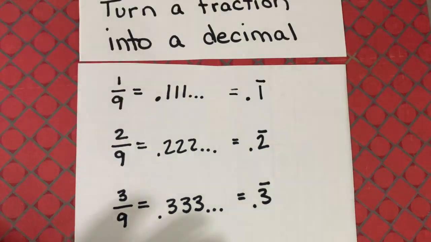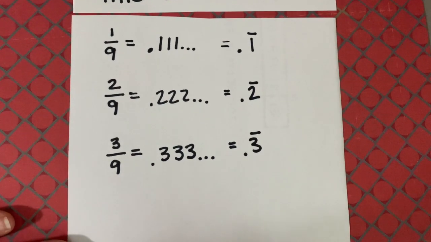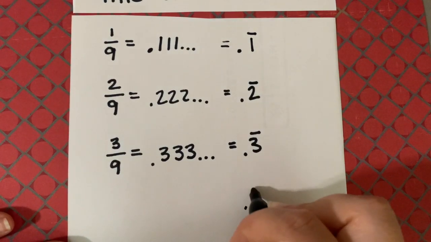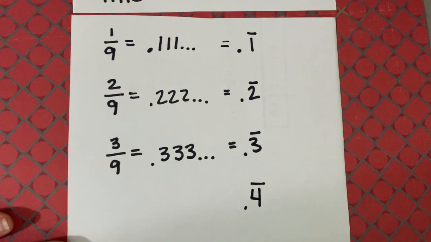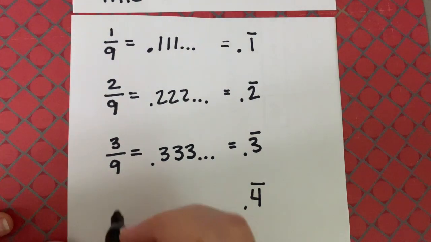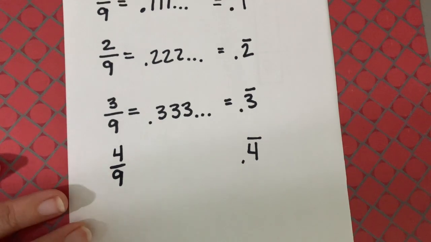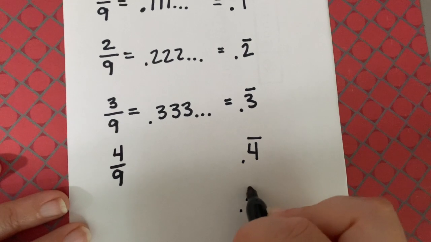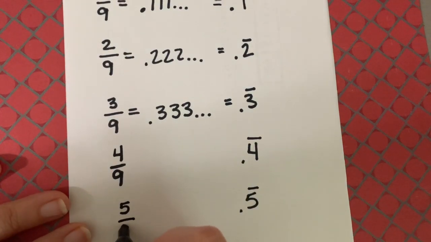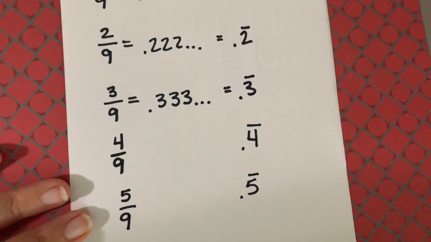So based on this pattern, if I was to turn this decimal, 0.4 repeating, into a fraction, what do you think you would get? Yep, that would be 4/9. And the pattern does continue. 5 repeating would be 5/9, and so on.